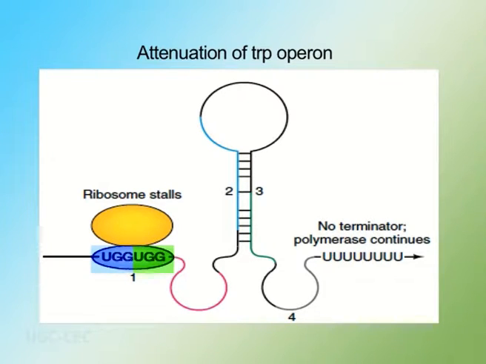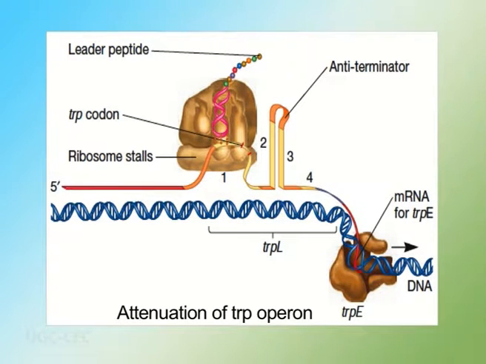And we all know that in prokaryotes, transcription and translation are coupled. So when the leader sequence is getting transcribed, it is immediately followed by the ribosomes. And if there is little tryptophan in the cell, when this ribosome carries on translation over the codons which demand tryptophan, it remains stuck there as the system is unable to provide tryptophan.